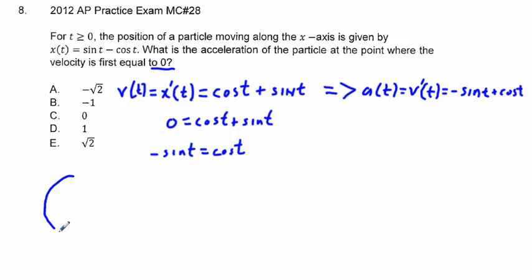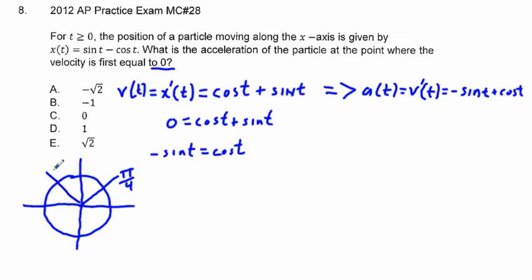If we look at our unit circle of trigonometry, over here at pi over 4, we have cosine t equals sine t, but over here, another quarter rotation around the circle at 3 pi over 4, we have negative sine t equals cosine t. They're the same magnitude, but in this case the sine would be positive and cosine negative.